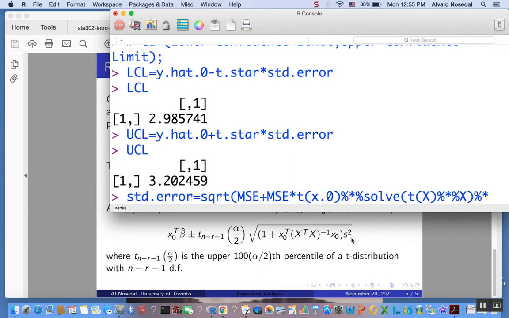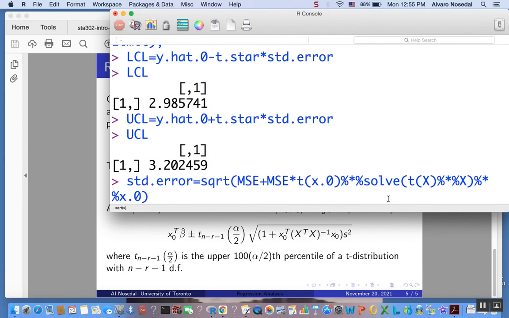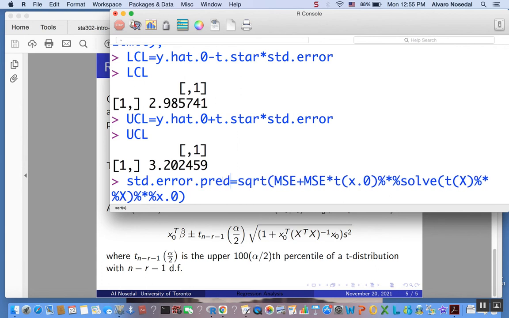We know that s squared is just another way of referring to the mean square error, and this is the same thing that we had before for the confidence interval instead of the prediction interval. Now let me change the name of this standard error. Let's say that it's the standard error for the prediction.